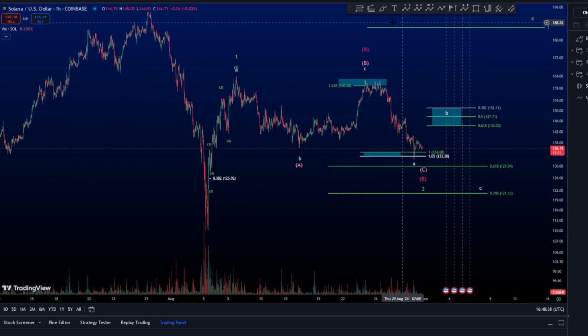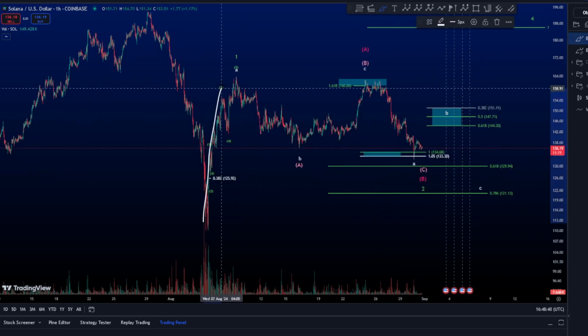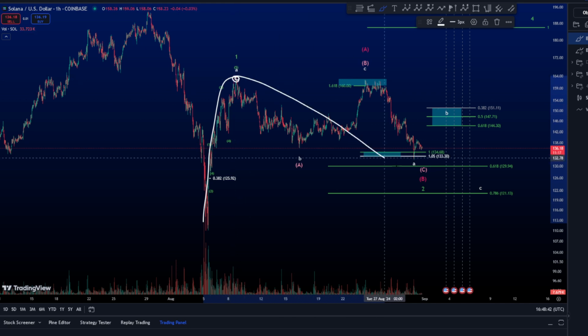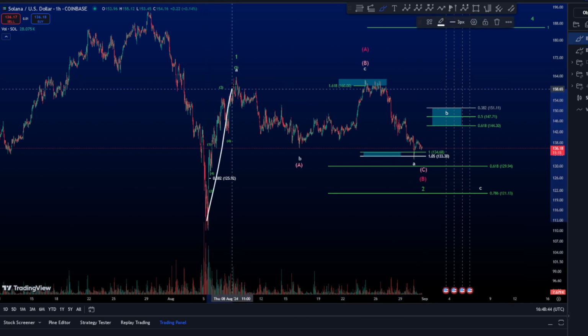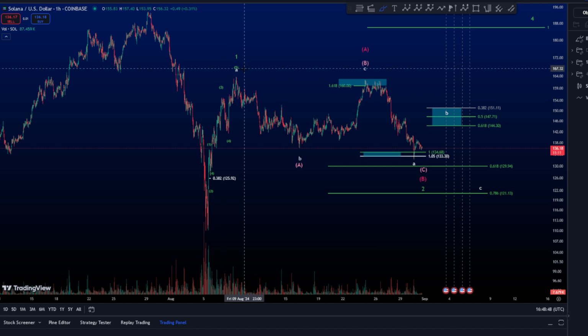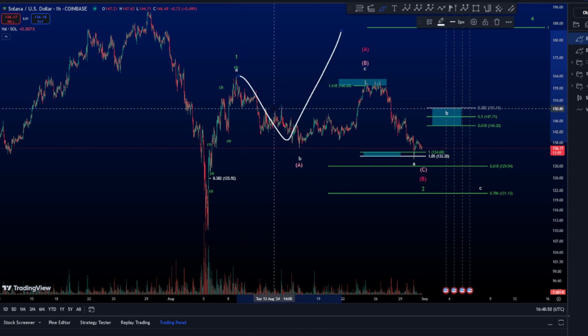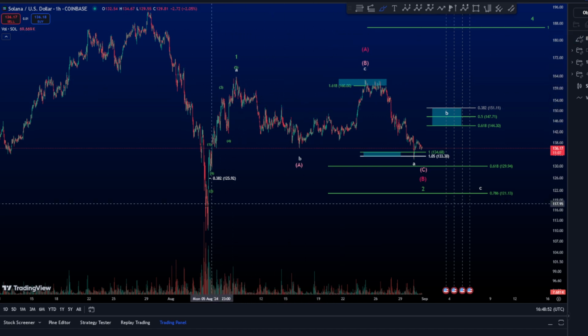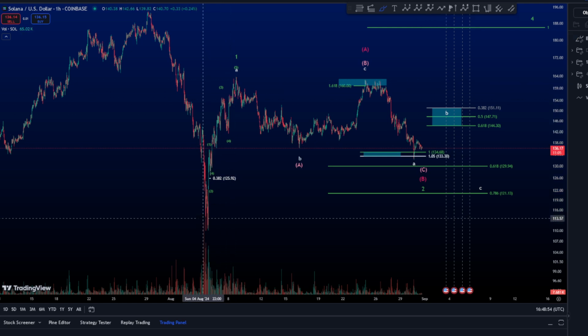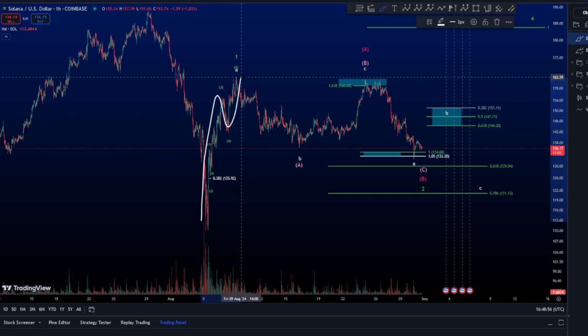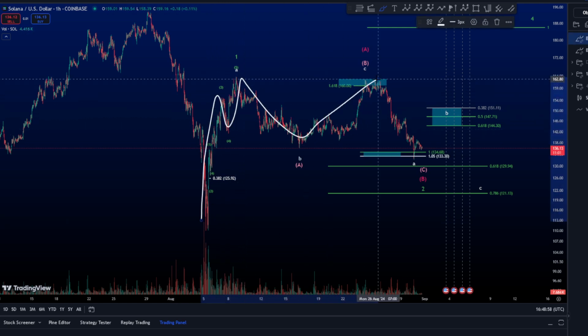So in case, because this could be only now 1, so this could be a 2. It cannot be an A, because an A is 5 waves, and then it should be a very fast zigzag. It's not. Then we have to consider 3 waves up here, and then okay, 3 waves.